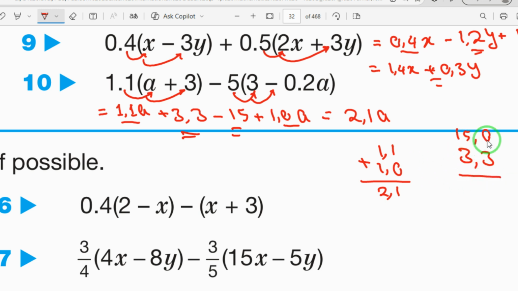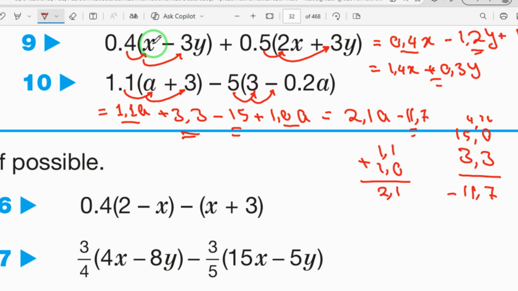We add 10. 10 minus 3 becomes 7. We borrow from this one, bring down the decimal point, this part 4. 4 minus 3 is 1, and write 1 as itself. So the answer is minus, because the minus is bigger, we take minus 11.7. This is the final answer of question number 10.